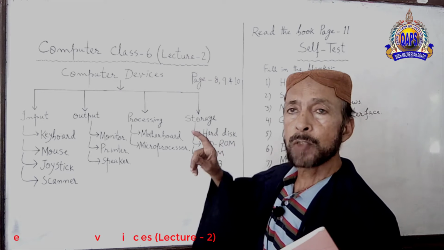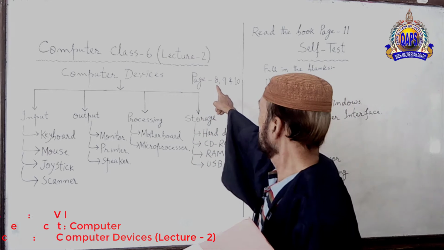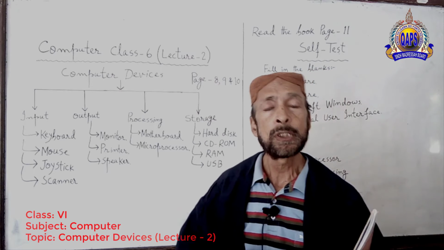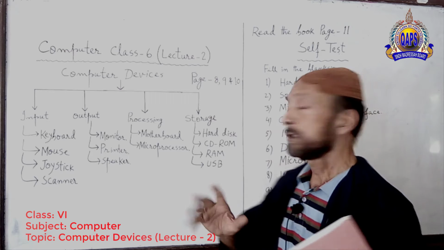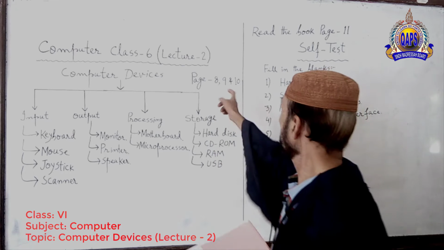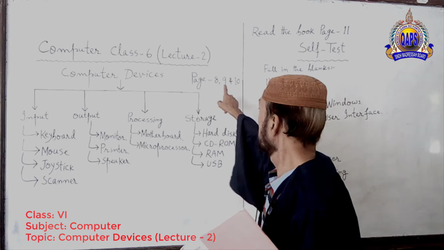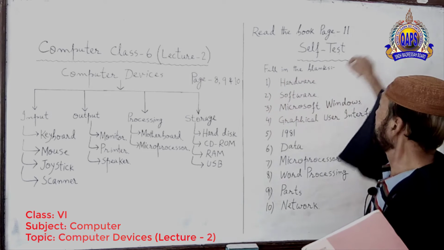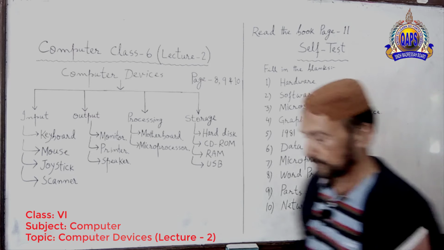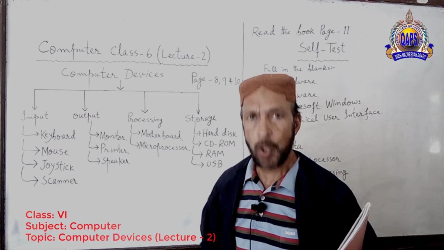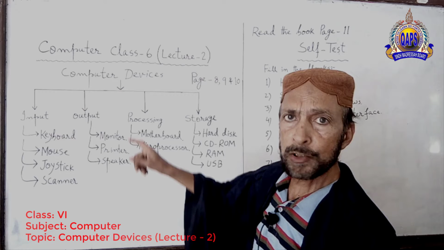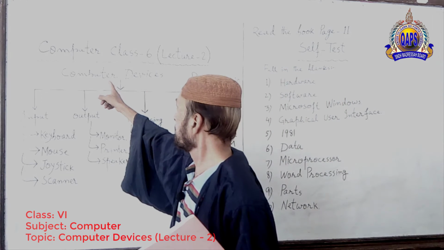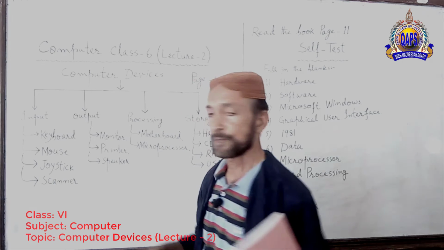I'm on page number 8, and you will have to read your book these 4 pages: 8, 9, 10 and 11. And the topic, I already wrote the topic over there. The topic is computer devices.